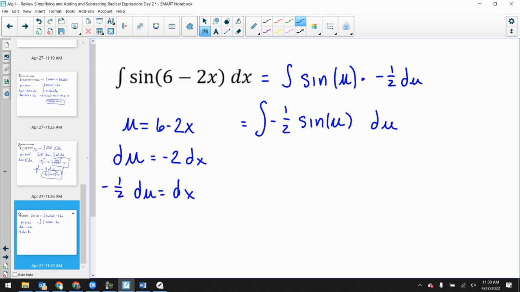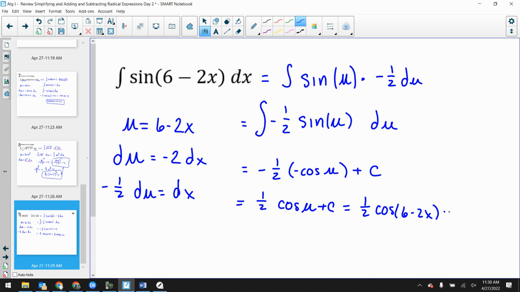And now we can say, well, the antiderivative of sine is negative cosine, right? The antiderivative of sine is negative cosine. So that means that's going to be negative 1/2 times negative cosine of u plus c. And now we can see that the negatives will indeed cancel out. So that's a positive 1/2 cosine u, which when we plug 6 minus 2x back into u, that's going to be a positive 1/2 cosine 6 minus 2x plus c.